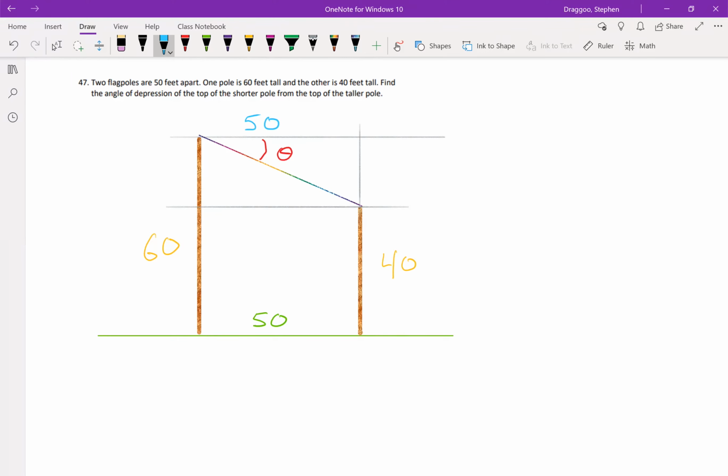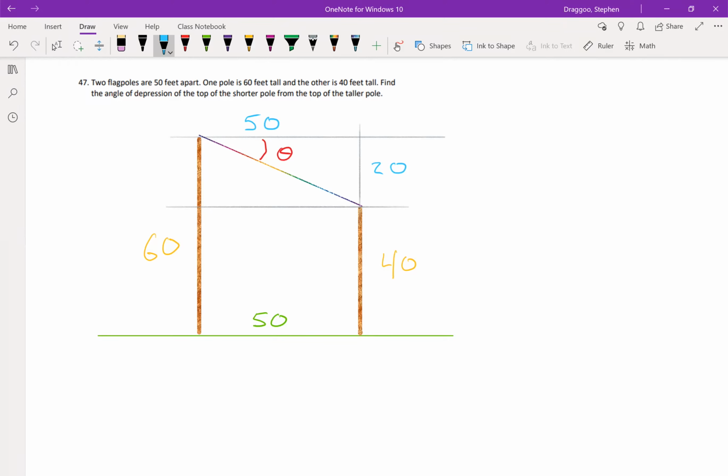Then for the rest of that triangle that I've constructed up there, I'm told that the tall pole is 60 feet and the shorter pole is 40 feet, but I'm really interested in the difference between those 2 heights. And as it happens, that's going to be 20, right? There's 20 feet of difference between the taller pole and the shorter pole.